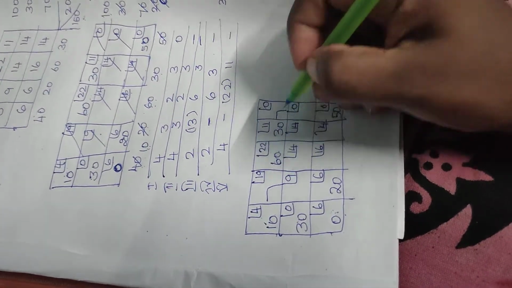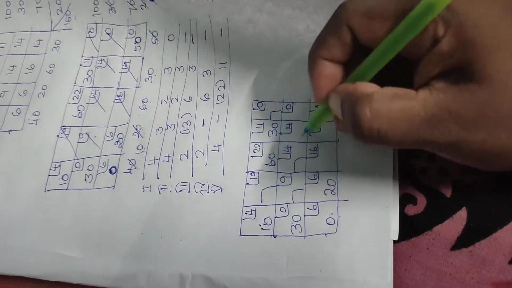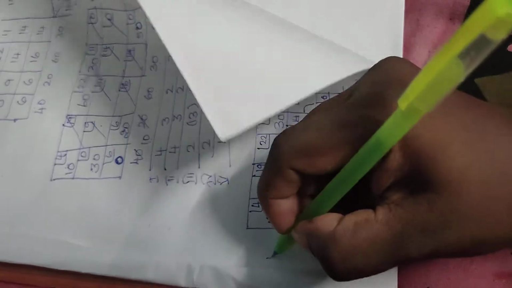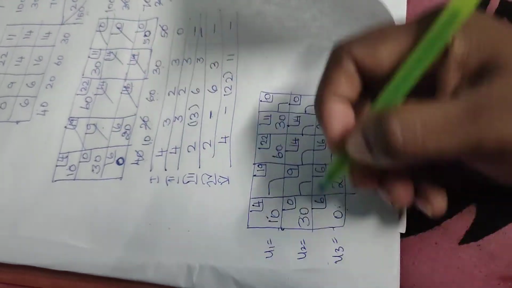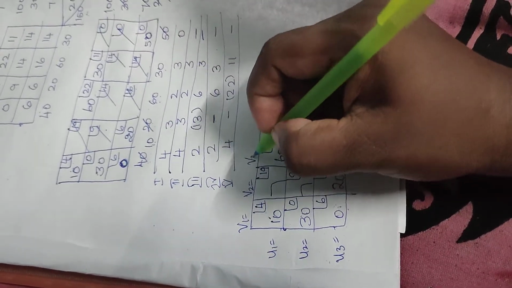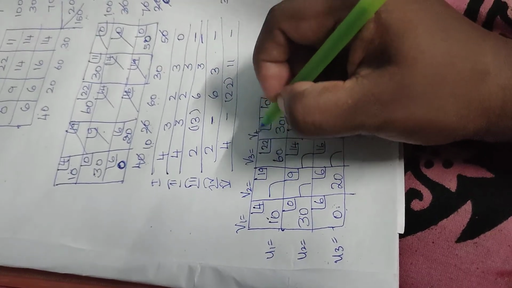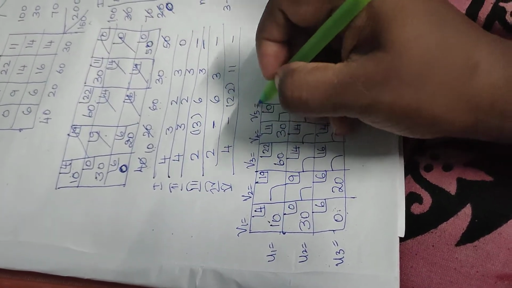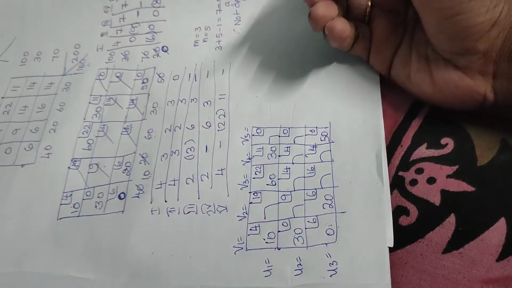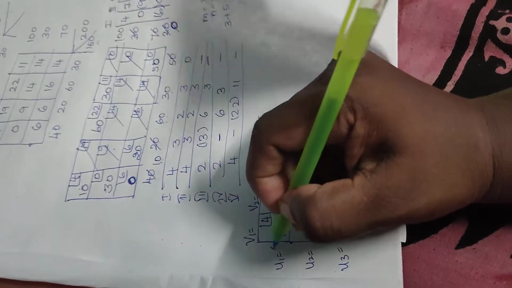So now for unoccupied cells, I am putting my side boxes. My U1, U2, U3, V1, V2, V3, V4 and V5. As usual, I put U1 as 0 because it's easier for me to remember.